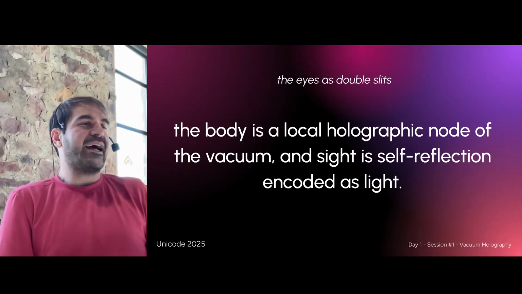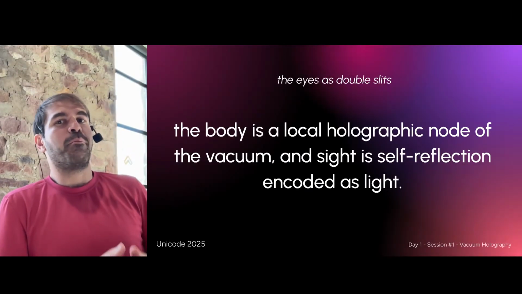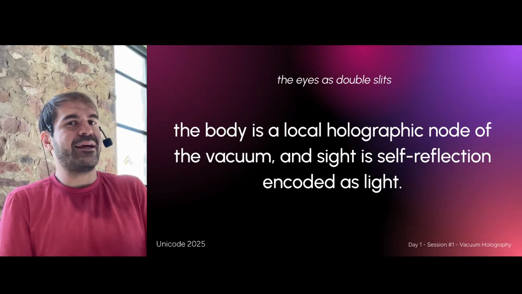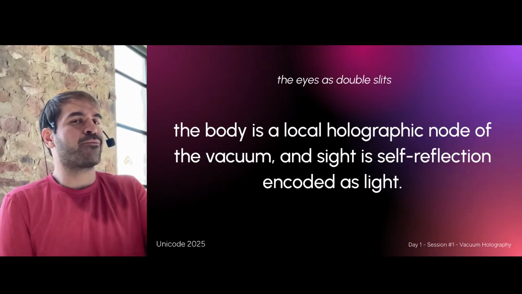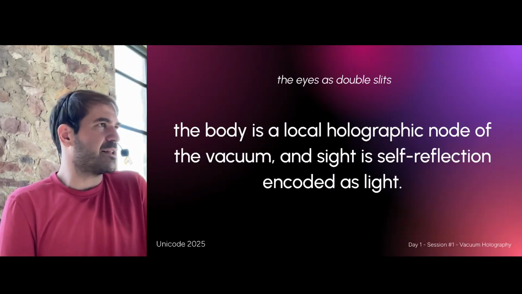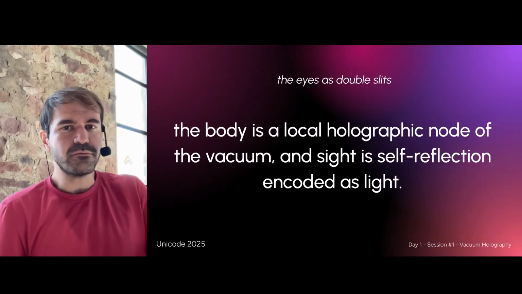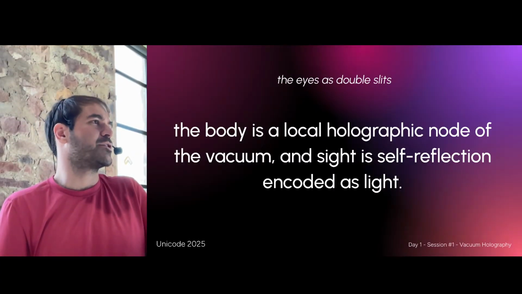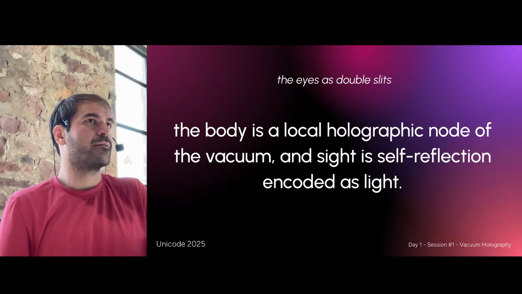So the eyes as double slits. The body is a local holographic node of the vacuum, and sight is a self-reflection encoded as light. Everything you see is self-reflection encoded as light. Everything.